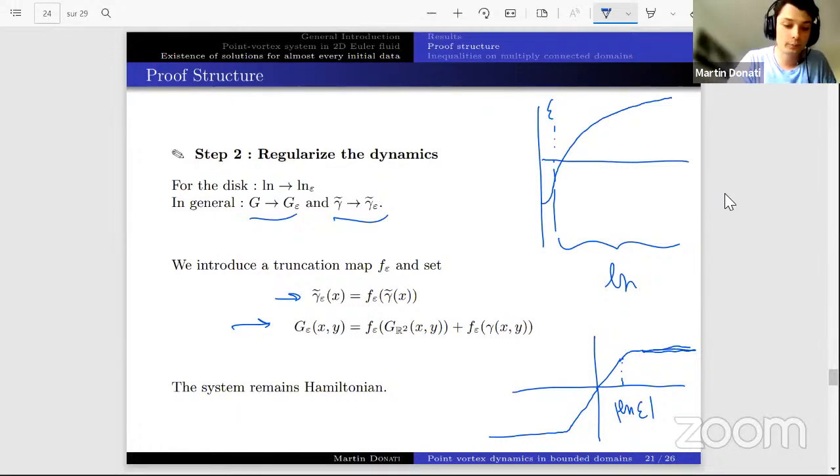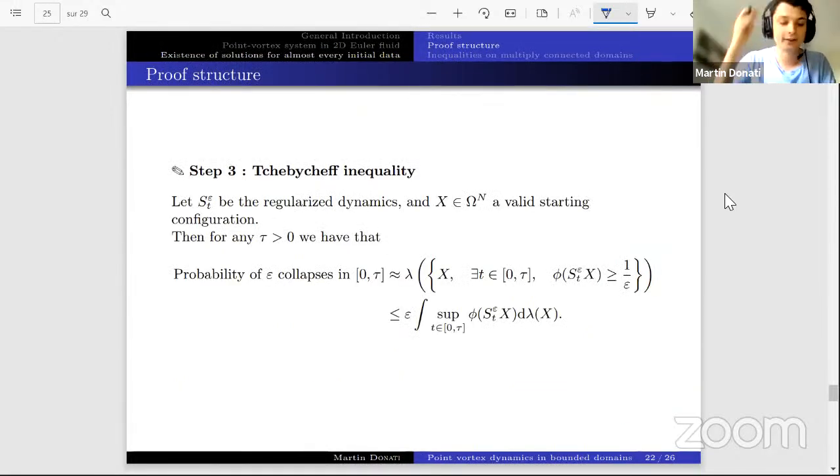So we have to split the truncation function and apply it on each term separately. Of course, this makes the study more complicated, but this is the only way we could make it work. Because we proceeded like this, the system remains Hamiltonian because it is still the gradient perp of some smooth functions, this time. So it's Hamiltonian and it has a global solution for every initial data.